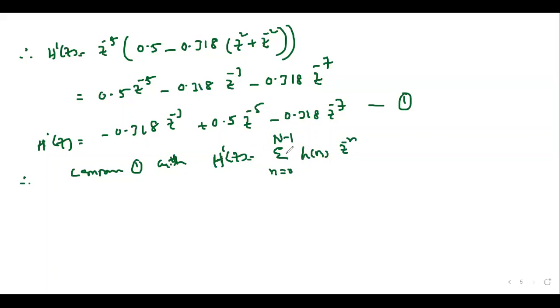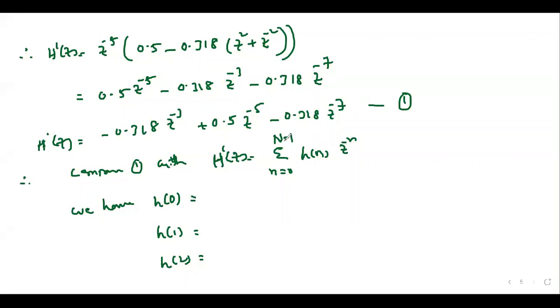If you compare this equation with that, we have the z power minus 3 term, h of 0, h of 1, h of 2, total 11 samples here.